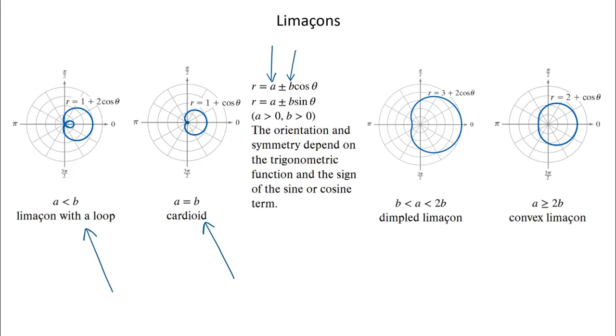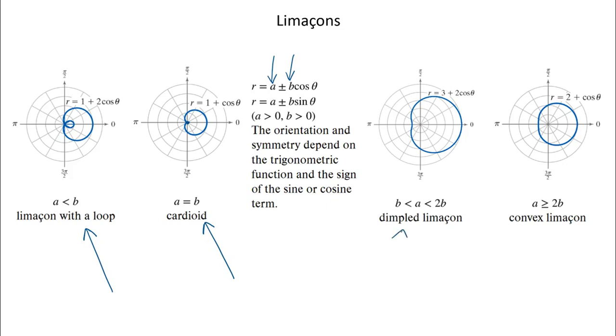It's called a cardioid because it looks kind of like a heart shape. We can recognize cardioids when a is equal to b. So when a is equal to b, we know that we're going to have the cardioid-shaped limaçon.